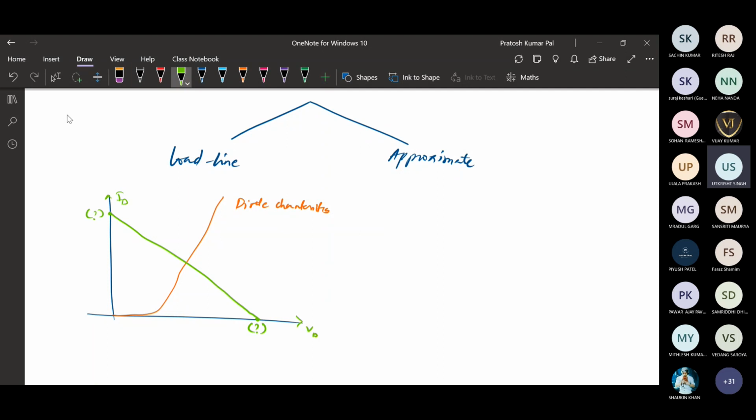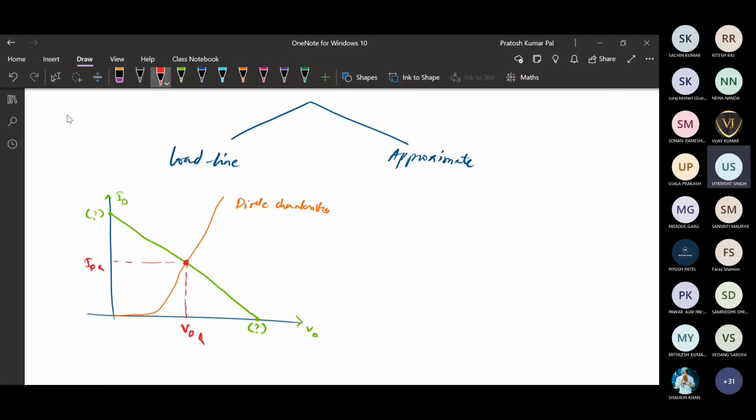Okay. So once we have found these points, we have the diode characteristics and the network characteristics. At the point where these two cut, that will be your operating point, and the values of VD and ID at this point will be your solution to the circuit. This method is called load line analysis.